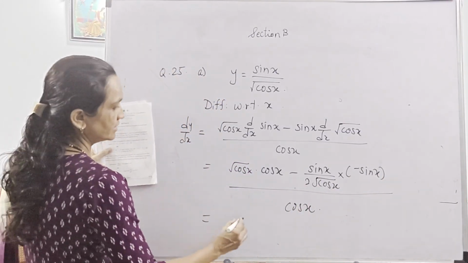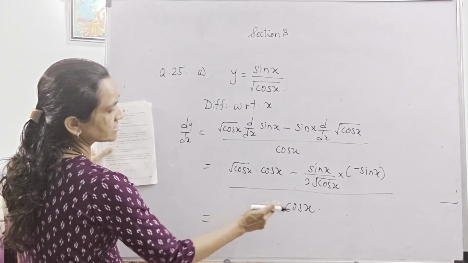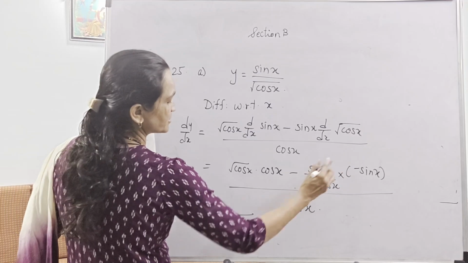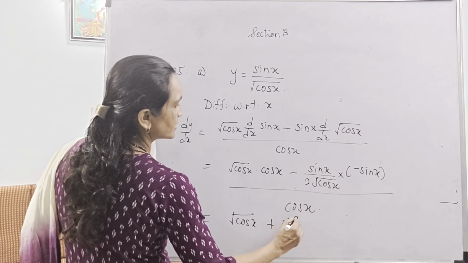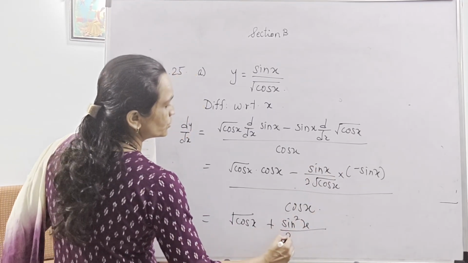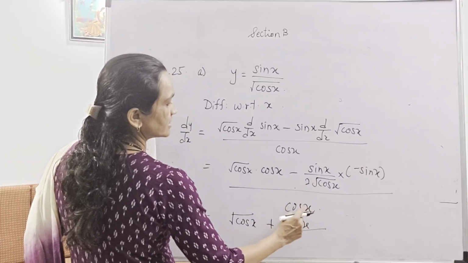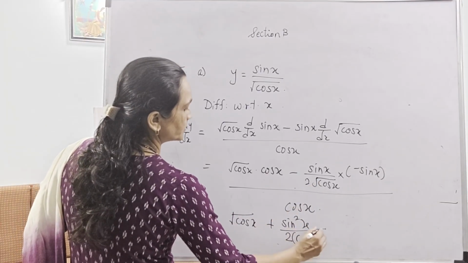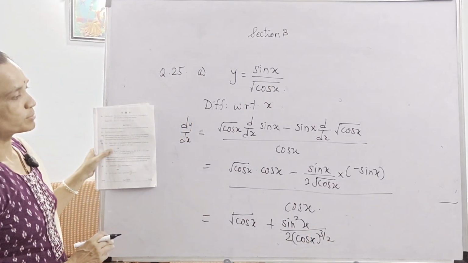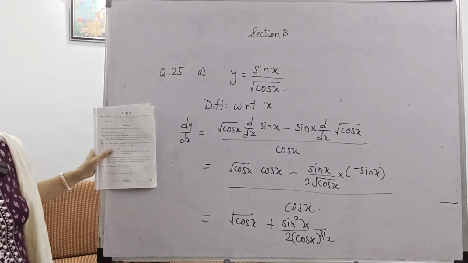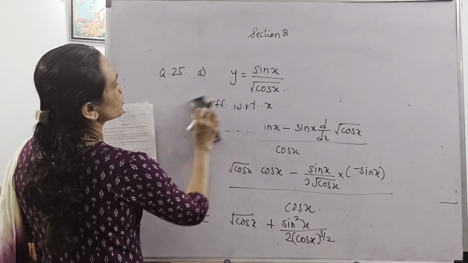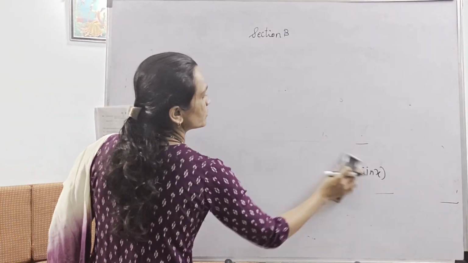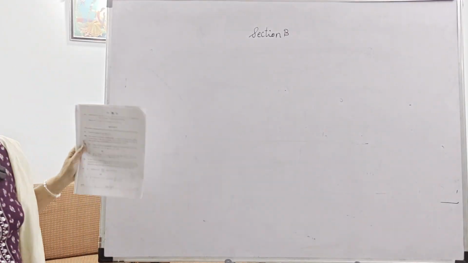I will just simplify: cos x cancels, so root of cos x will remain here, plus sin square x divided by 2 cos x root cos x, so cos x raised to 3 by 2. So this is the simplification of the problem. It was not at all difficult. The U by V rule was asked, so recalling the U by V rule is important in solving the problem.